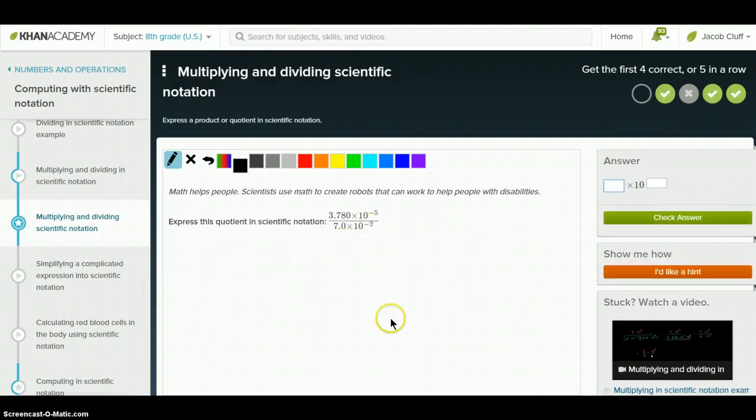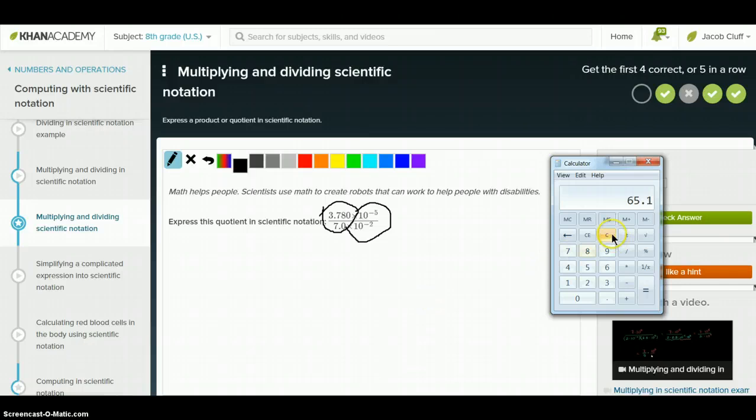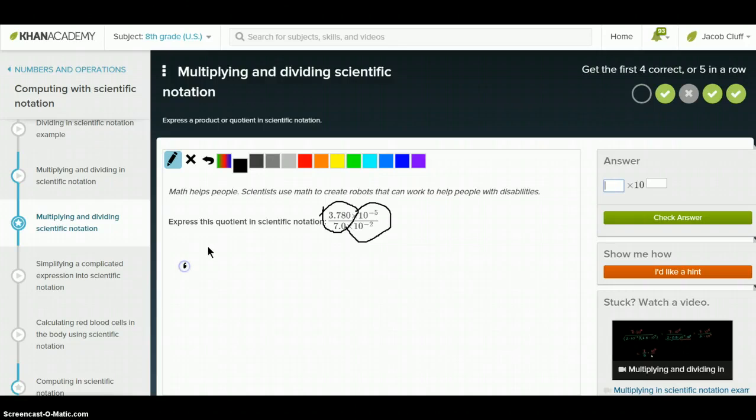Alright, let's do one more. Okay, so we're going to do the same thing. We're going to get the coefficients together, and then we're going to get the base and exponents together. Okay, so we have 3.78 divided by 7, and that leaves us 0.54.